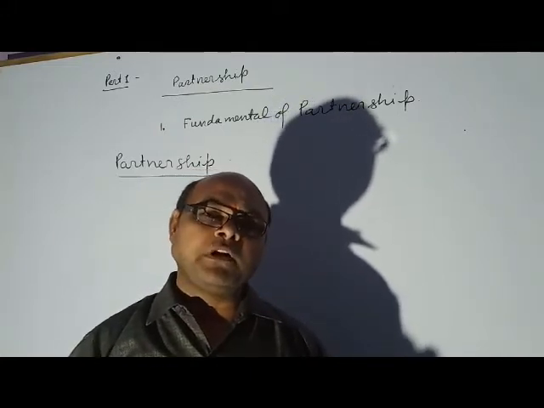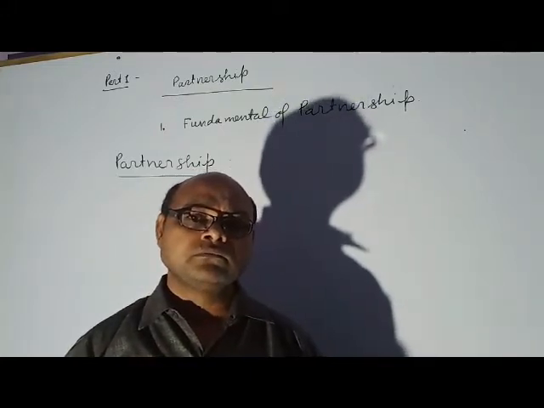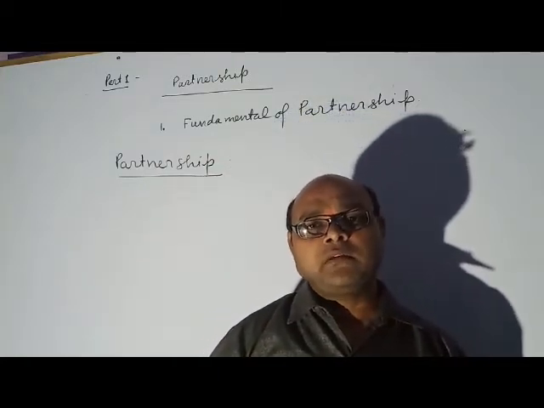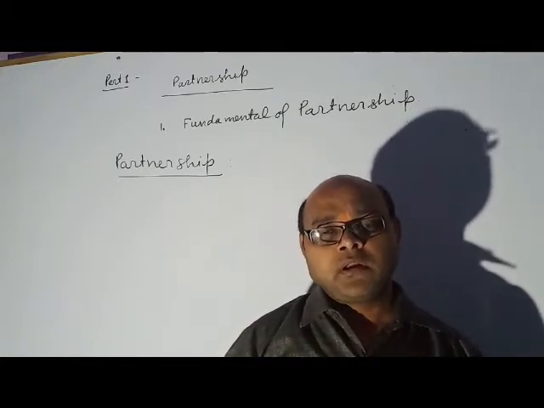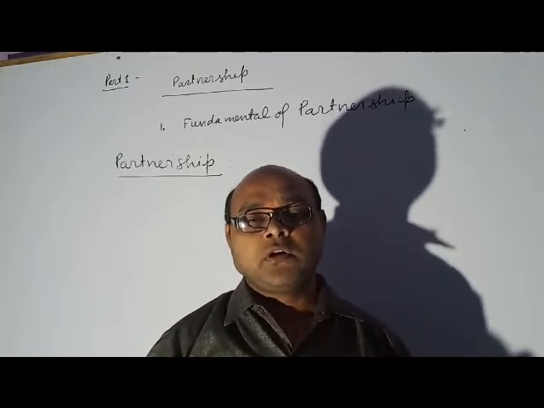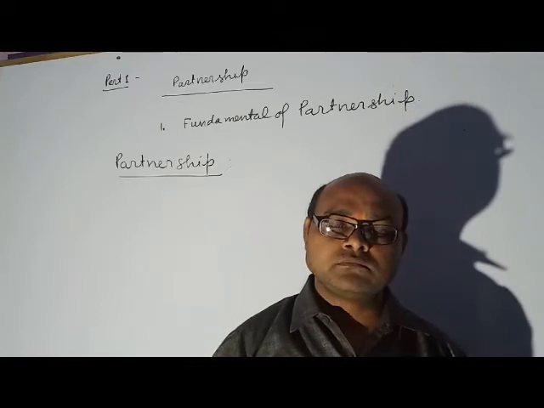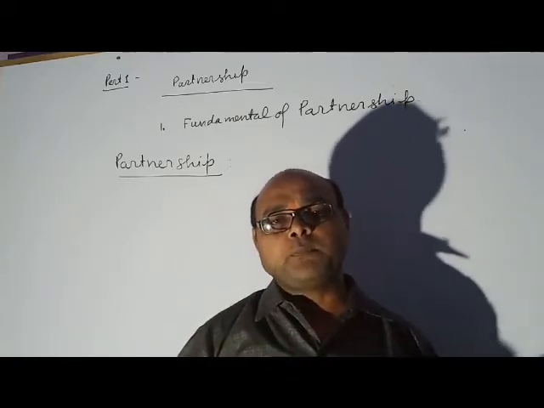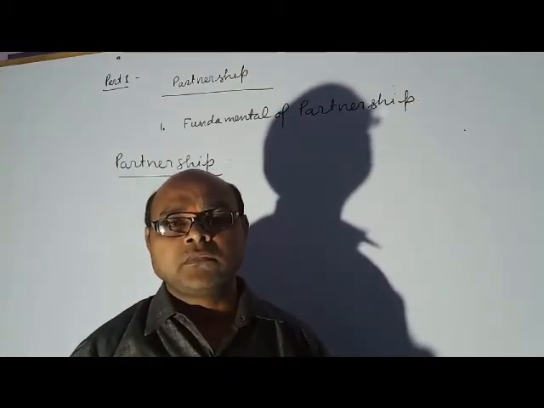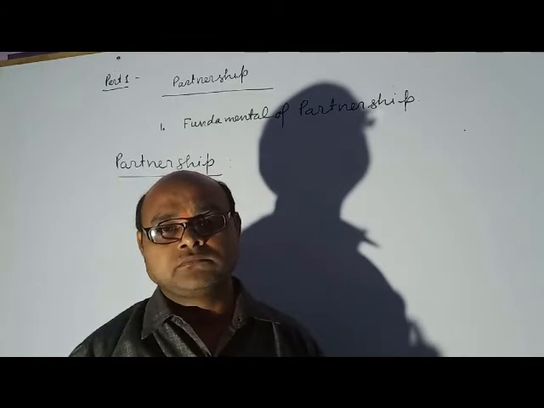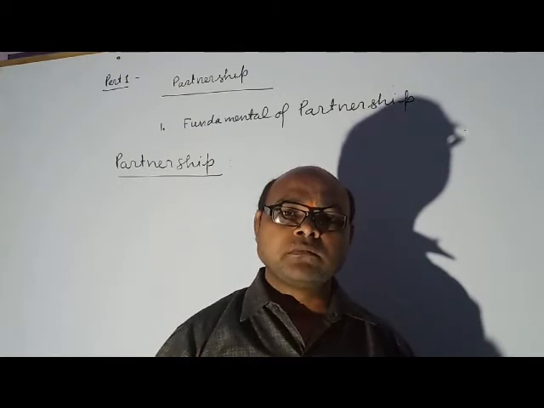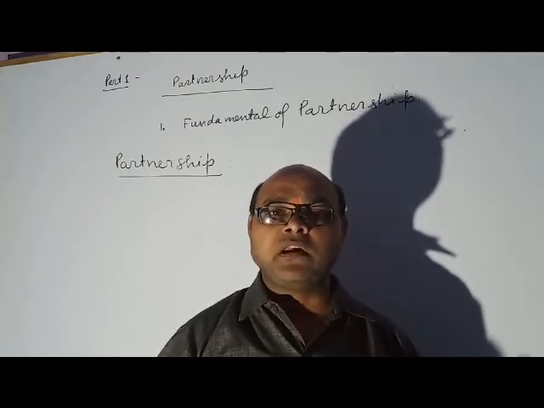Some part we distribute among the partners as interest on loan, and some part of the profit we transfer to the general reserve. After that, whatever profit remains is considered divisible profit, and this divisible profit is distributed among the partners in their profit sharing ratio.